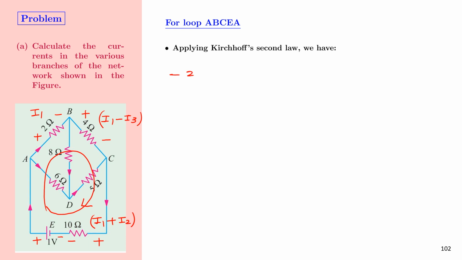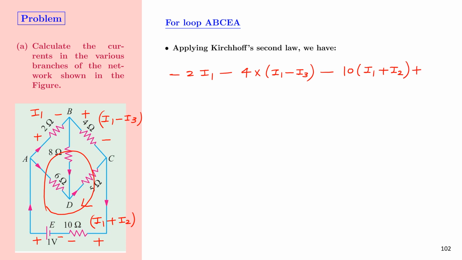Therefore, the fall in potential is 2 times I1. As we move from B to C, we again see a fall in potential, given by 4 multiplied by (I1 minus I3). And as we move from C to E, we again see a fall in potential, therefore that is negative of 10 times (I1 plus I2).